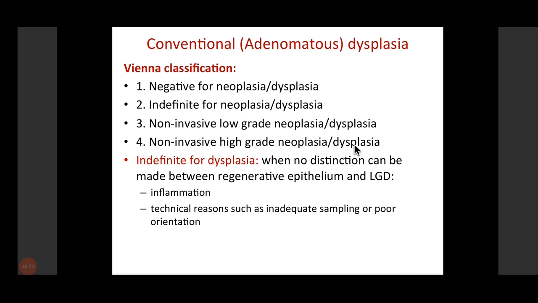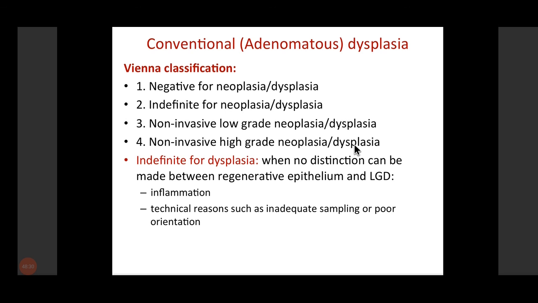But when you are not sure, and there are many instances where there is some amount of atypia, some amount of inflammation, but it looks like the atypia is more than you could explain with the amount of inflammation that is present, in such cases, it is better to say that it is indefinite for dysplasia.